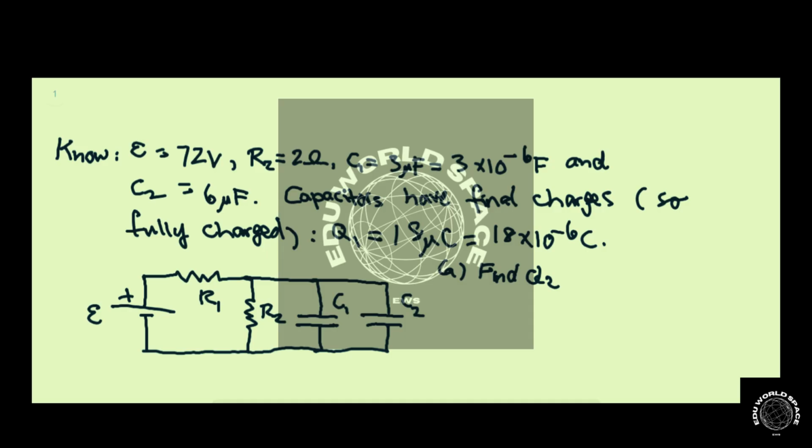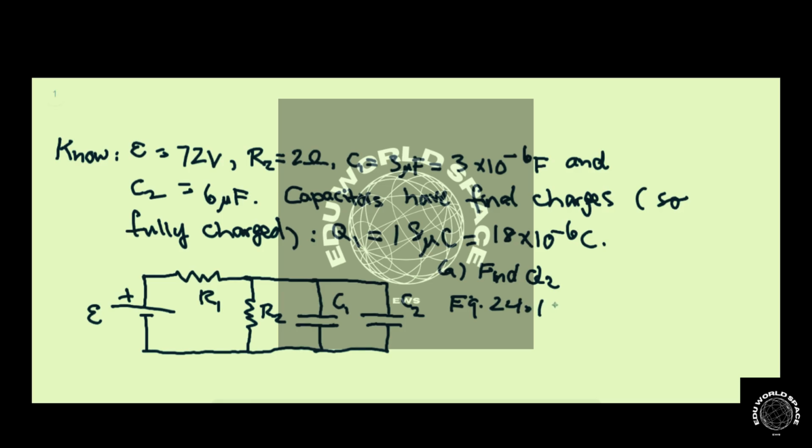In problem 72, we're given that the EMF is 72 volts. The resistor R2 in the circuit diagram below has a value of 2 ohms. The capacitor C1 has a capacitance of 3 microfarads, or 3 times 10 to the minus 6 farads, and C2 has 6 microfarads, or 6 times 10 to the minus 6 farads.